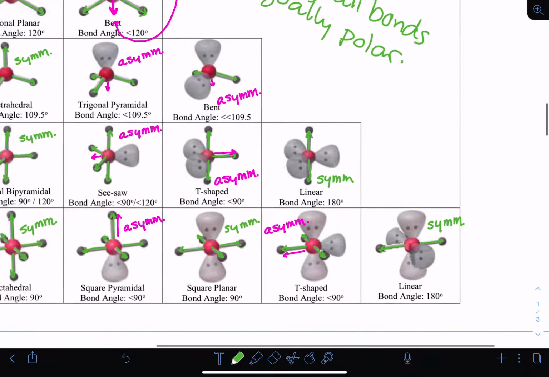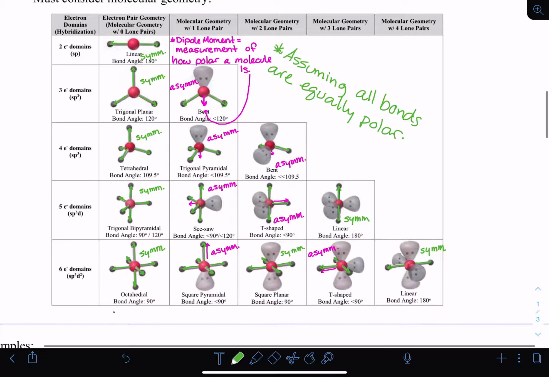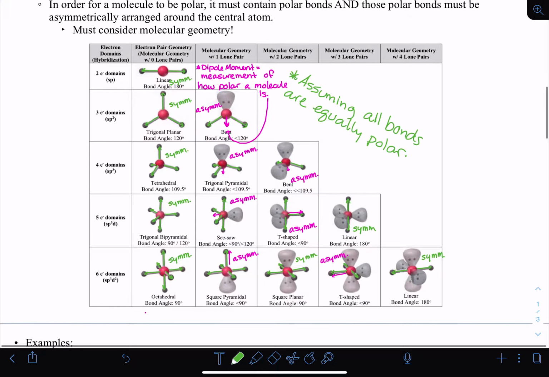So what you'll notice about our geometries is that the ones that are asymmetric, the ones that are most commonly polar, are the ones that have a lopsided arrangement of lone pairs, that it's really lone pairs that create this asymmetry in our molecule, that this one lone pair here is kind of pushing these two bonds down, which makes that bent shape.